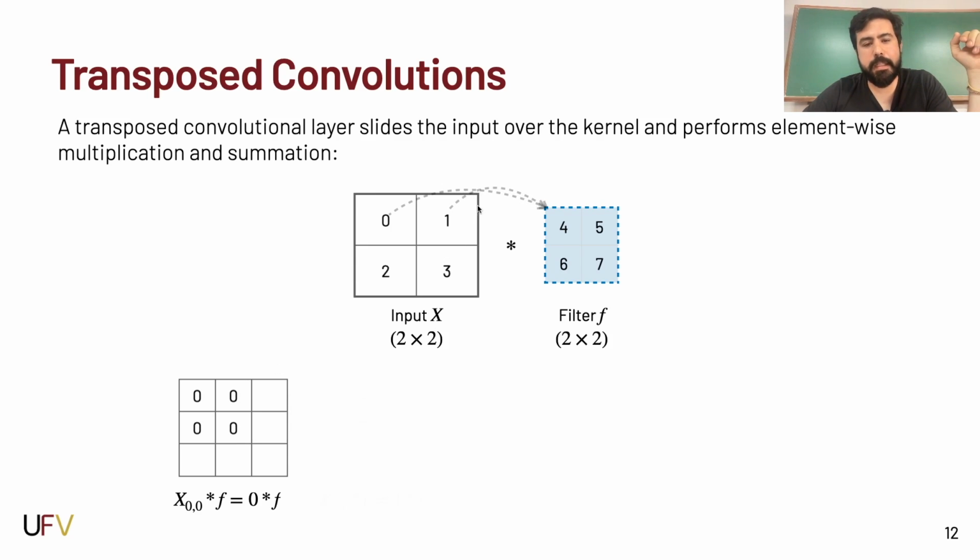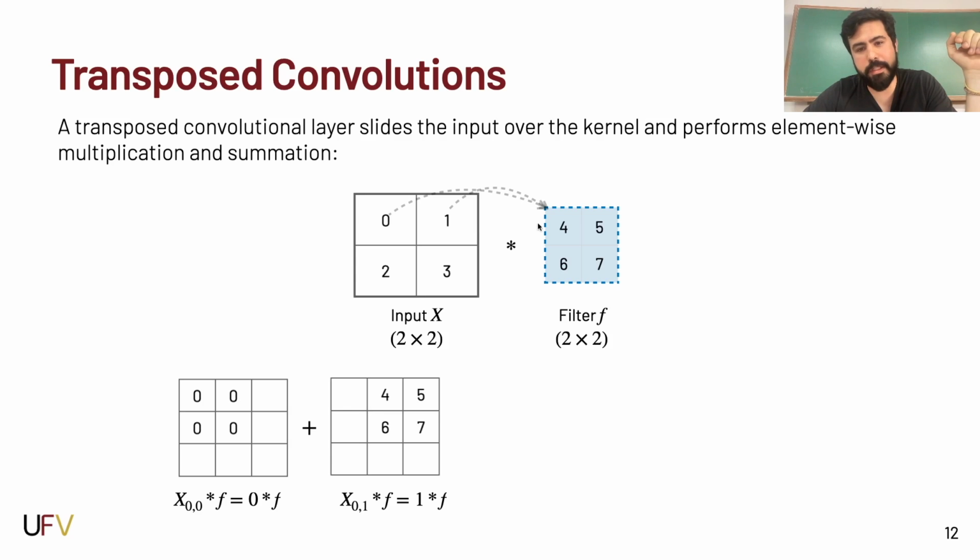Now we go to the next input, which is 1, and you slide it again through the filter. So now 1 times 4 is 4, 1 times 5 is 5, 1 times 6 is 6. See how I'm sliding this cell all across the filter. And then I get 4, 5, 6, 7.